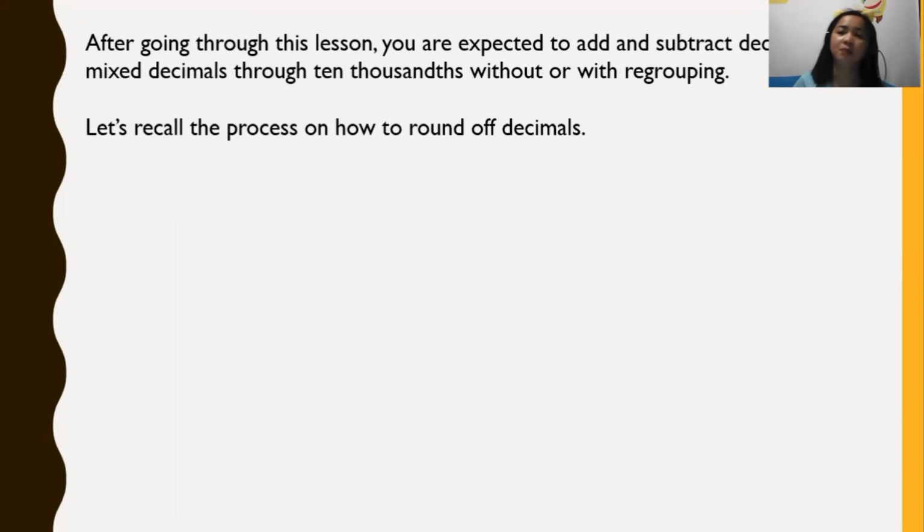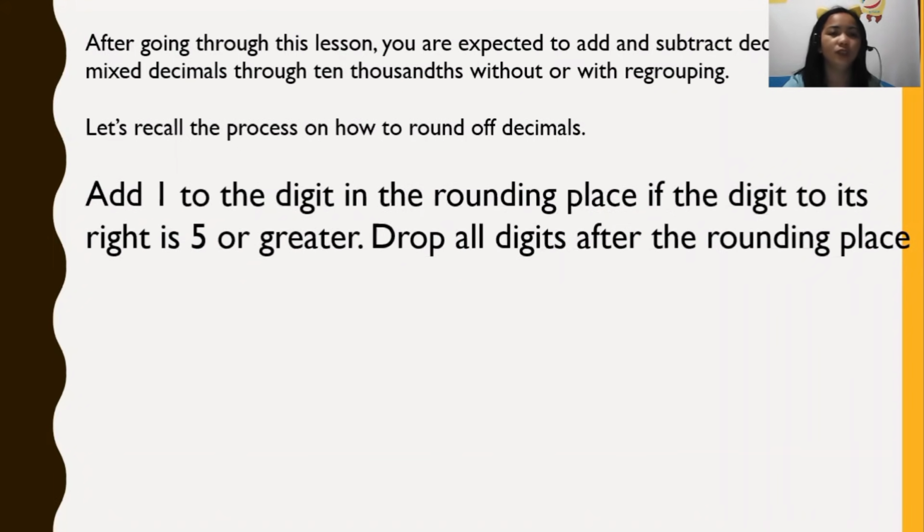So ito yung pinaka-importante na i-review din natin. How to round off decimals. There are only two rules in rounding off decimals. That is, add 1 to the digit in the rounding place if the digit to its right is 5 or greater than 5.